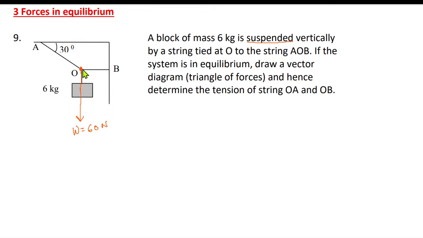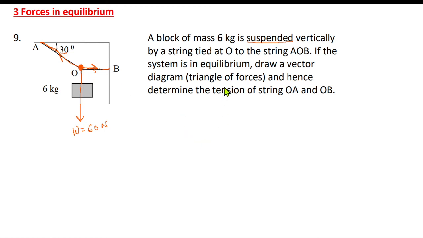And then I have a force going this way. It's always going out from the dot, remember? Going that way. And then I have a force going this way as well. And just follow the rope. Alright, so it's coming out from this dot here, the knot here.